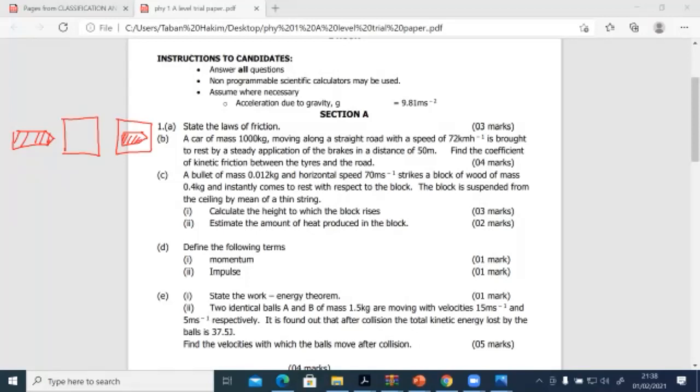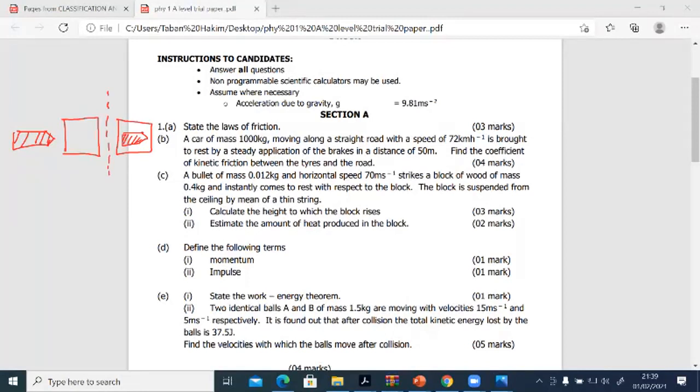Momentum before is equal to momentum after. Kinetic energy before is equal to kinetic energy after. But if it is not a perfectly elastic collision, then the change in the kinetic energy is always converted into other forms of energy. So for this case, we assume that change in energy will be converted into heat energy.